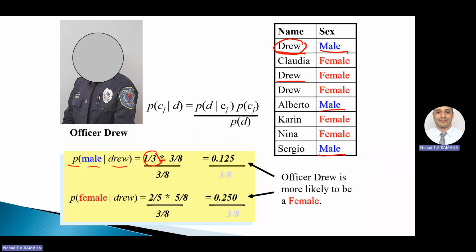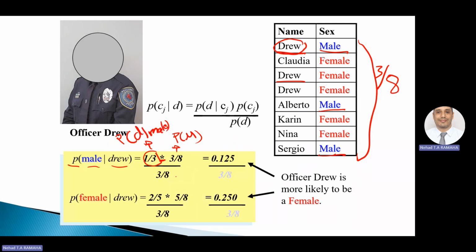Probability of male. So we have 1, 2, 3 males over the total number. So it's 3 divided by 8. Yes, this is the probability of male. This one is the probability of a true being male.